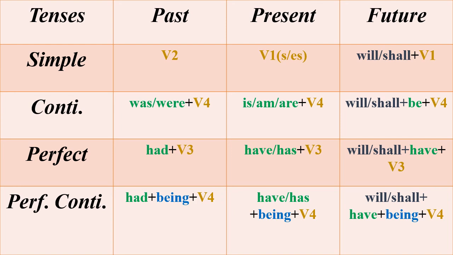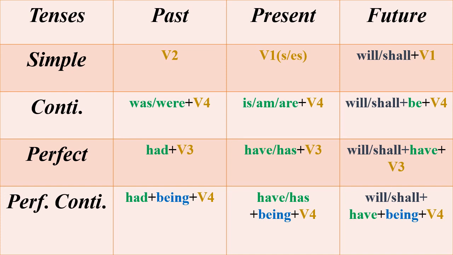For example, in past perfect continuous tense, we will use been along with had. For present perfect continuous tense, we will use been with have or has. For future perfect continuous tense, we will use been with will or shall plus have.